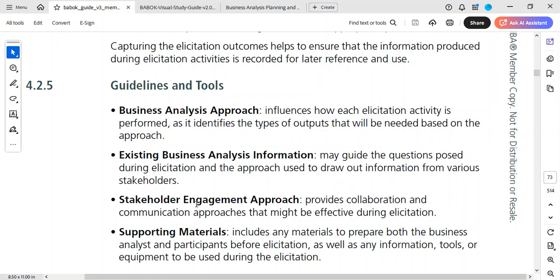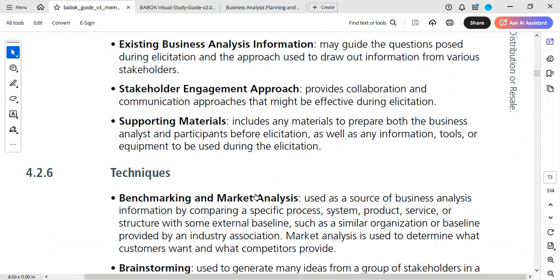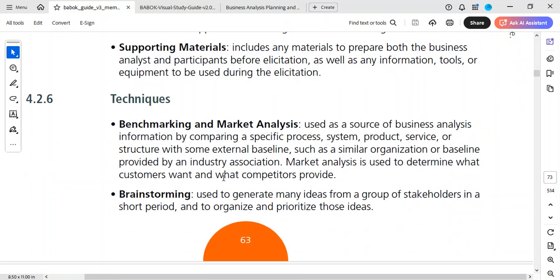Okay, so existing business analysis information may guide the questions posed during elicitation and the approach used to draw out information from various stakeholders. Stakeholder engagement approach provides collaboration and communication approaches that might be effective during elicitation. Supporting materials include any materials to prepare both the business analyst and participant before elicitation, as well as any information tools or equipment to be used during elicitation.